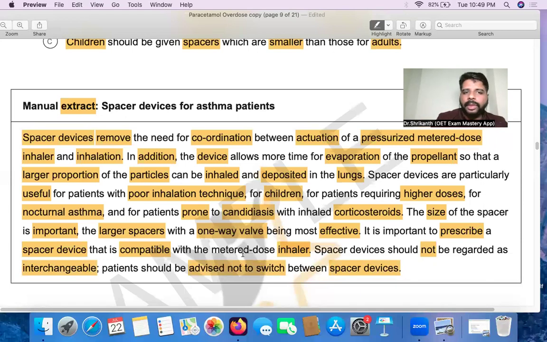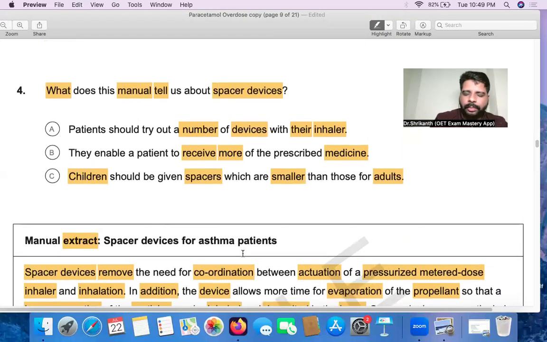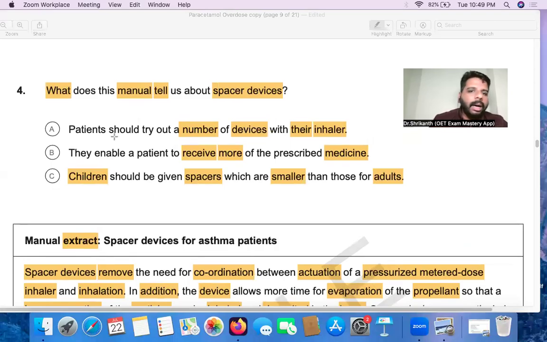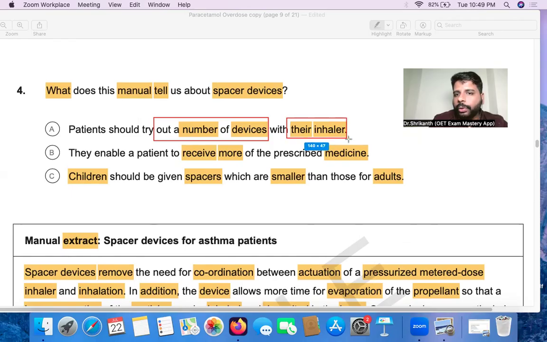Now, let's come to the questions. Now let's come to the answer options over here. What is the verb in answer option A? Patients should try out a number of devices with their inhaler. Patients should try multiple devices with their inhaler. Now, don't you think this is the exact opposite of what we read in the last sentence?